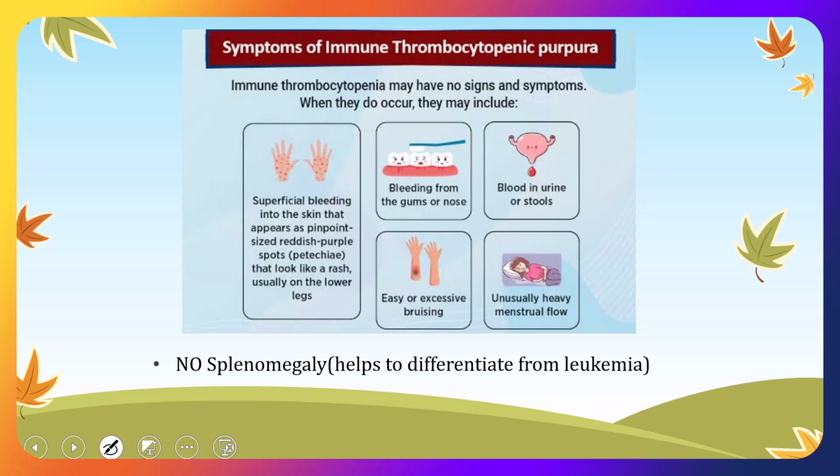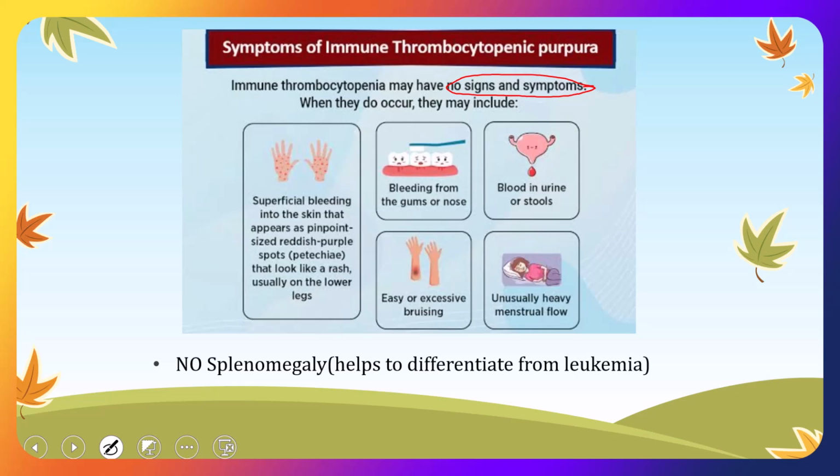Now, what are the symptoms of ITP? Usually immune thrombocytopenia may have no sign and symptom. Patient may be well in condition of mild thrombocytopenia, but when the immune thrombocytopenic purpura is moderate to severe, the signs and symptoms do occur.